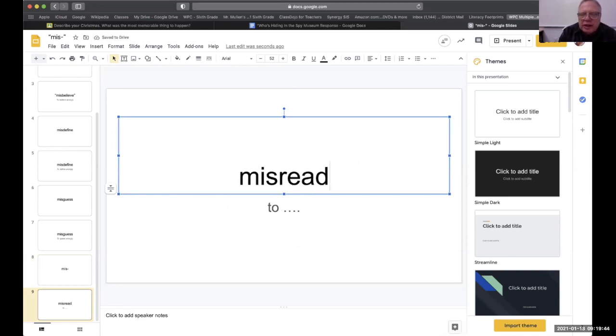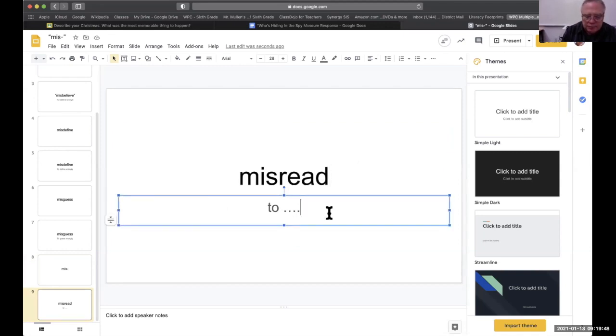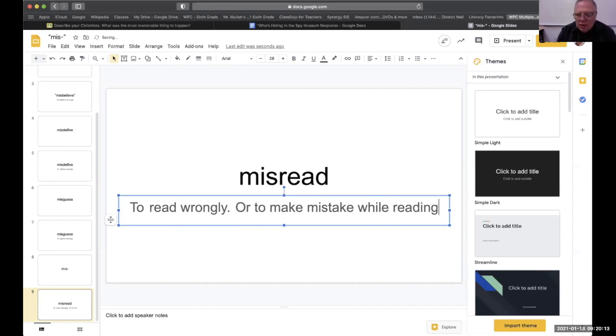To misread means to, and then you come down here, read wrongly. Or to make a mistake while reading. That's all you have to do.